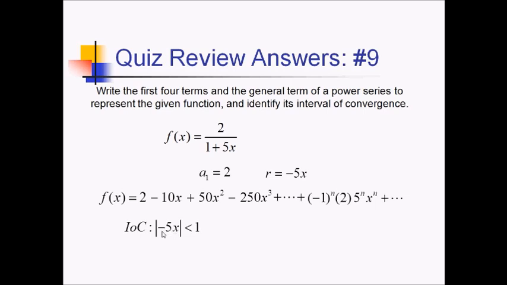Now, if you have a negative inside an absolute value and it's being multiplied by everything, you can just drop that negative when you take this outside the absolute value. So I'm going to write -1 less than just plain old 5x with no negative, less than 1. Notice again, I dropped that negative after I dropped the absolute value. Next, I'm going to divide everything by 5 to get x alone. So we've got -1/5 less than x less than 1/5. And there you have it.